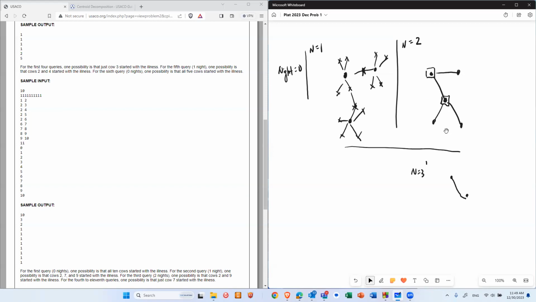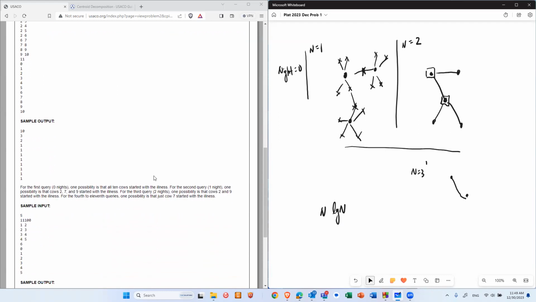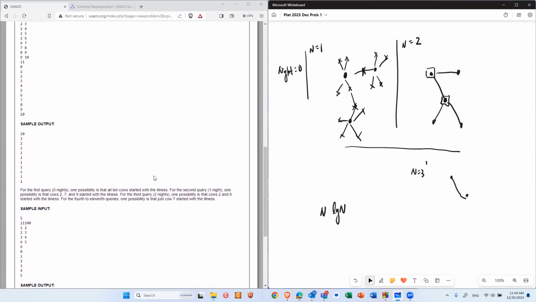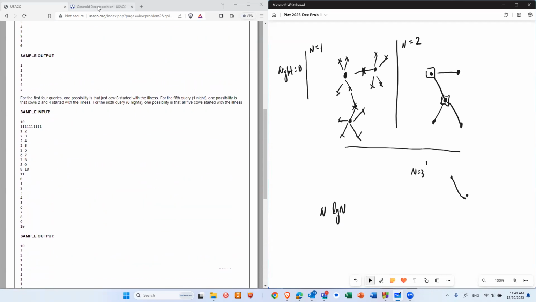Then you redo this, and at the end of the day, you get everything. Okay, so that will be a log n algorithm. So this problem is not that difficult as long as you know how to do the centroid decomposition.